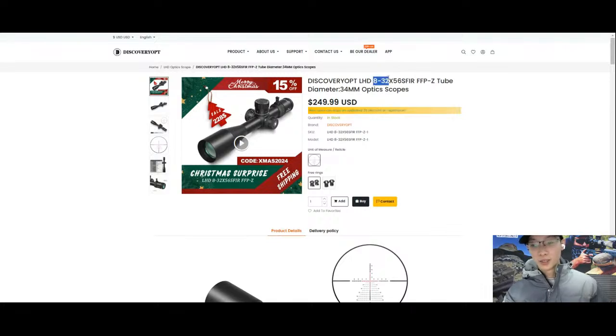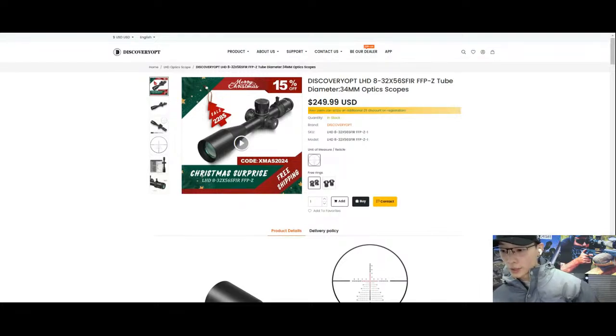It's not as top notch as the 5 to 25, but I think it's definitely good enough for the average shooter. So that's my take on this rifle scope. And you're getting the 56 millimeter objective without paying the premium price. So I consider this a very important update for our incoming year.